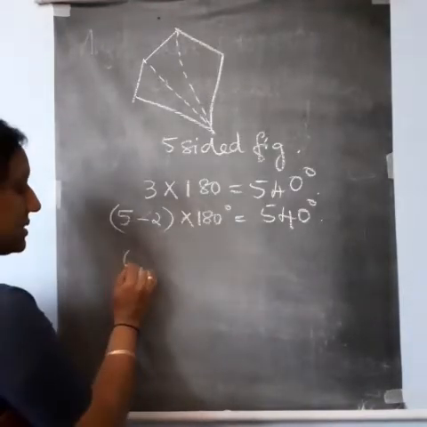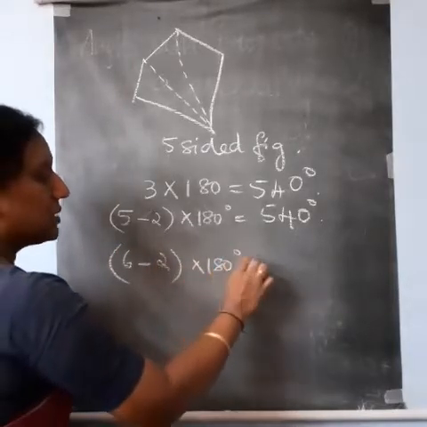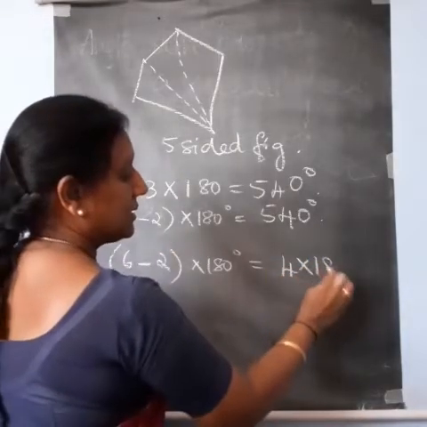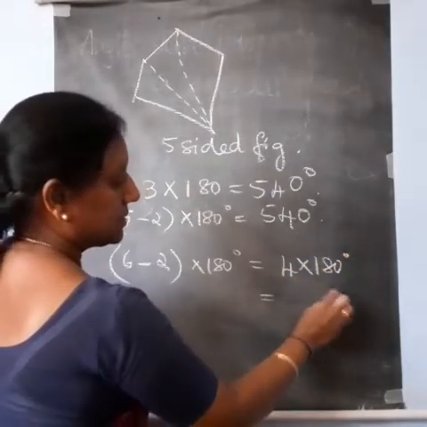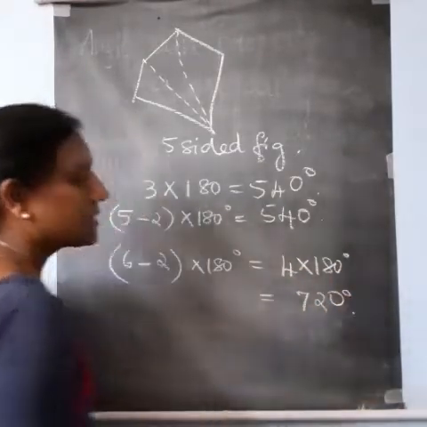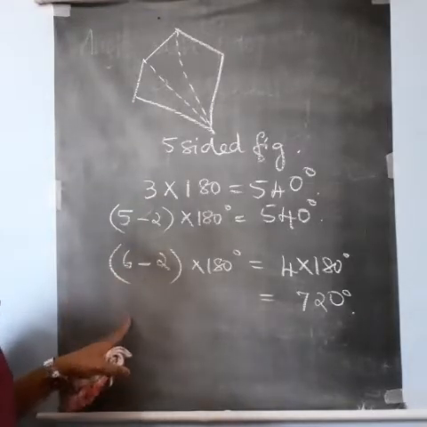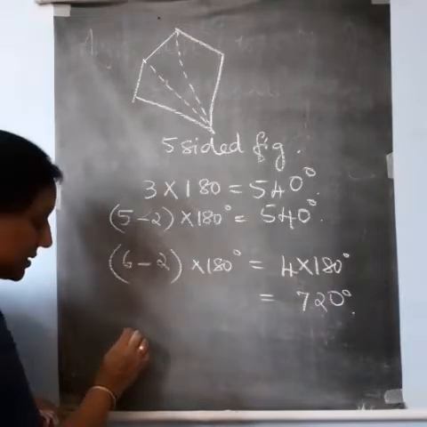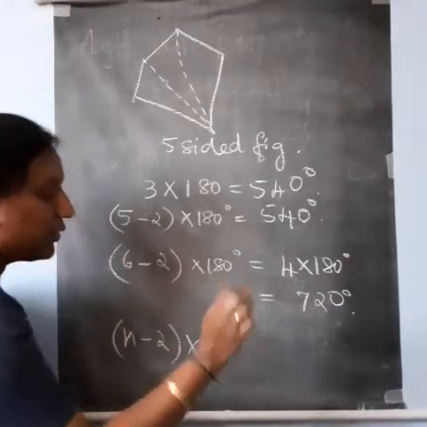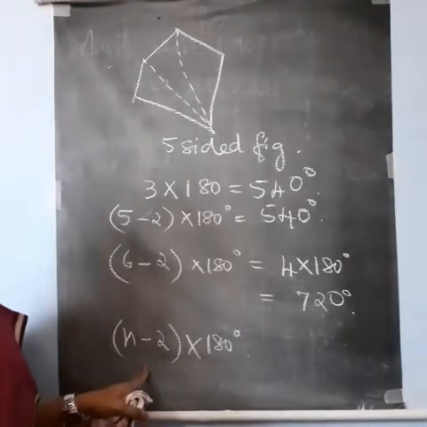That means 6 minus 2 into 180. So that is 6 minus 2 is 4 into 180. And how much is that? 720 degrees. So this can be extended to any number of sides by saying the number of sides minus 2 into 180 degrees will give you the angle sum property of any sided figure.